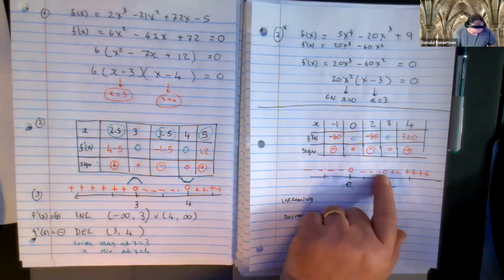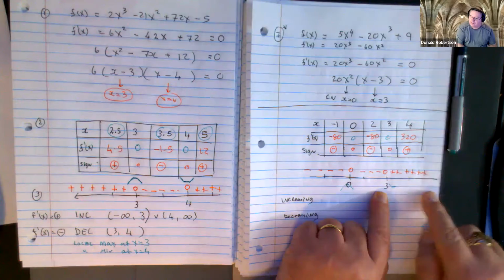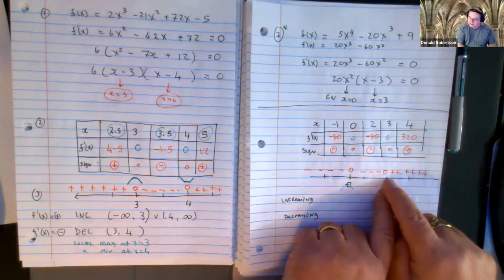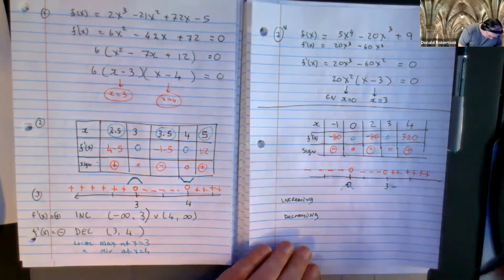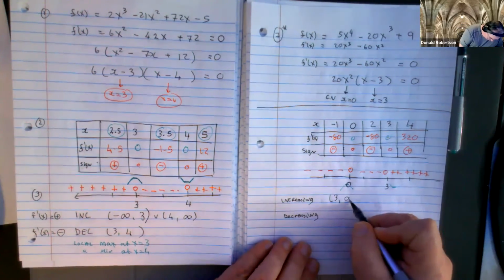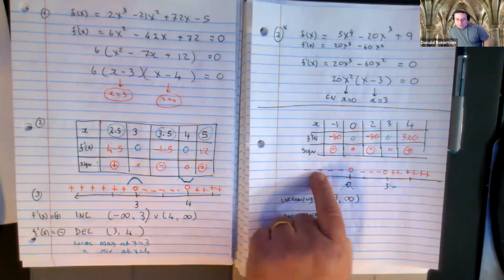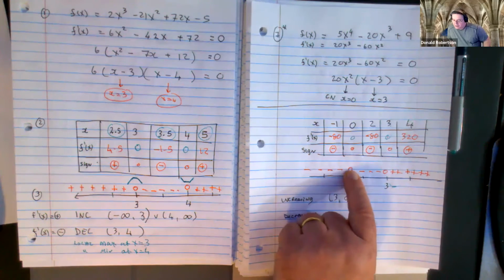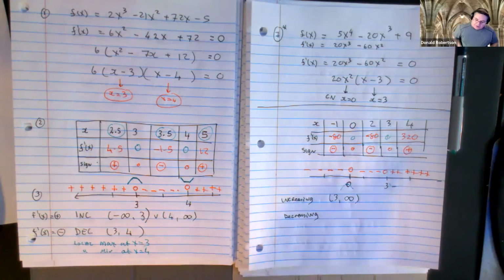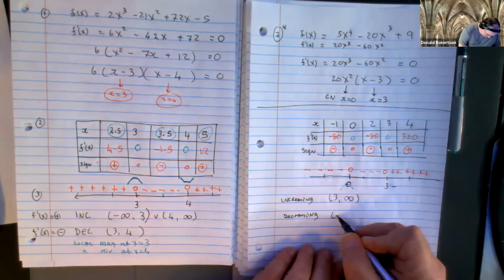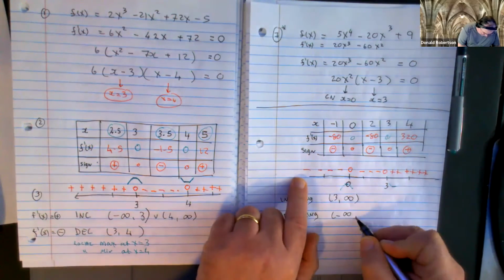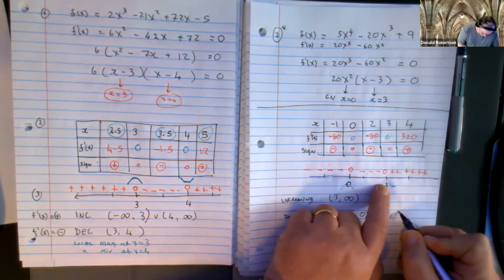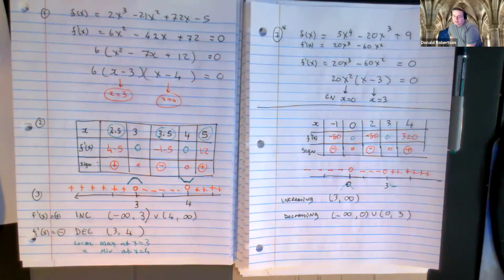Would you agree that it's increasing from 3 onwards? Any value starting at 3 and going to the right. Now there's something weird going on here. This is not a mistake. This is happening. It's negative, then it's 0, then it continues being negative. The correct answer to this is x from negative infinity to 0, and then from 0 to 3.